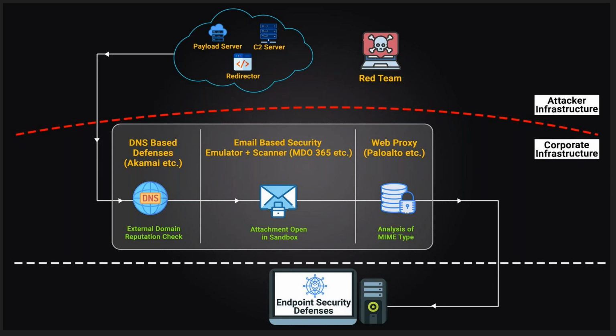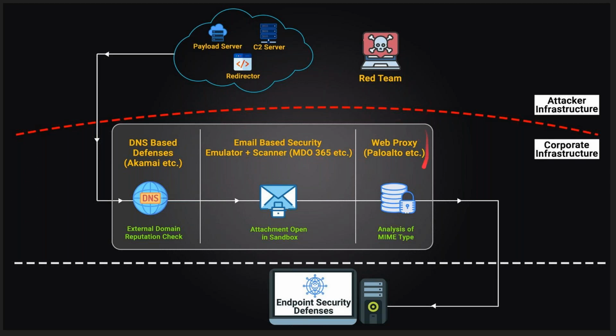For example, emulators and various scanners are there, right? So if there is any attachment, there is a high chance that, if it is not encrypted and not well vetted, it will obviously get picked up by these emulators, and get emulated in a sandbox environment, and whatever behavior it is having will all be emulated in the sandbox environment. So things like this will be in the email-based security emulator and scanner.